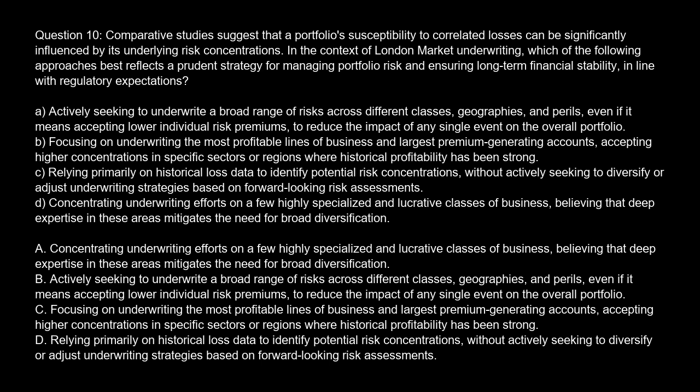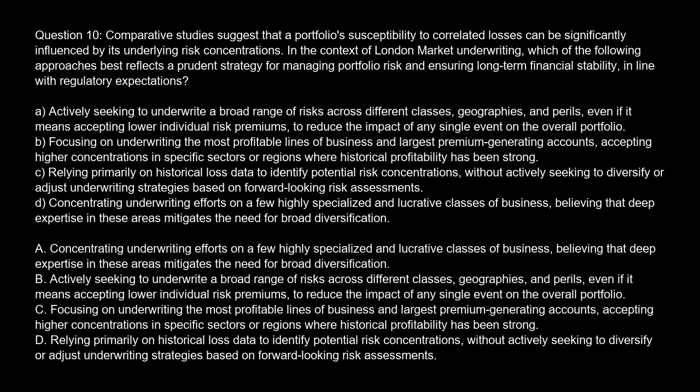Option A. Concentrating underwriting efforts on a few highly specialized and lucrative classes of business, believing that deep expertise in these areas mitigates the need for broad diversification. Option B. Actively seeking to underwrite a broad range of risks across different classes, geographies, and perils, even if it means accepting lower individual risk premiums, to reduce the impact of any single event on the overall portfolio.